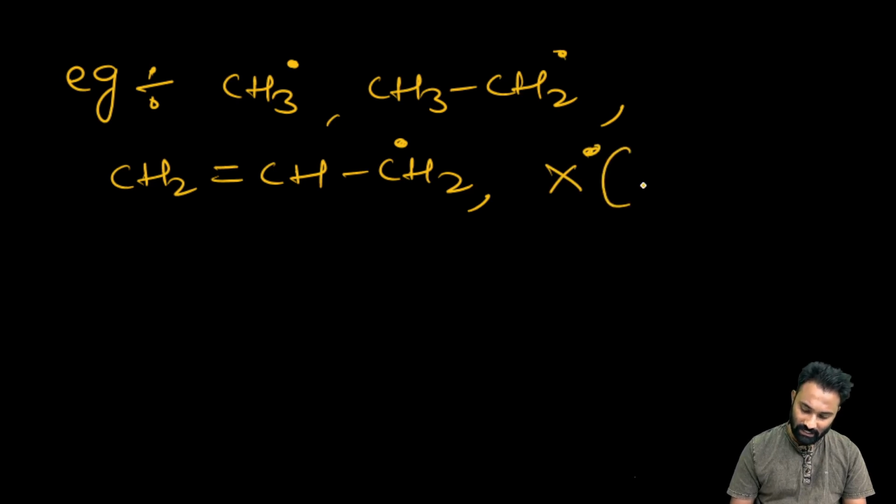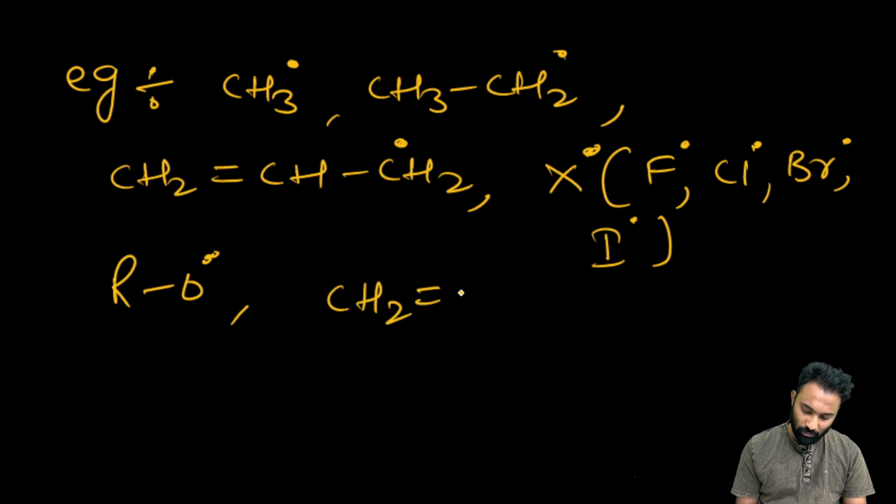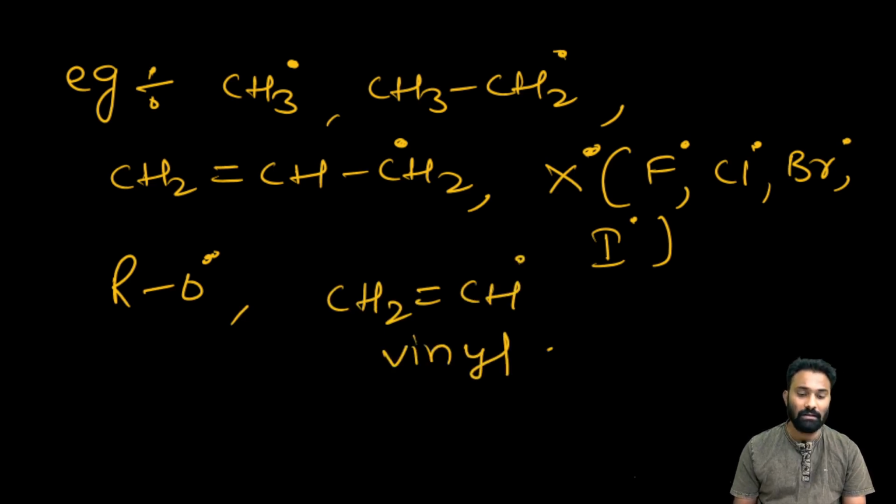This X radical may be F radical, Cl radical, Br radical and I radical. Next, RO radical. Now CH2=CH radical, this we call a vinyl radical. Etc. These are the examples for free radicals.